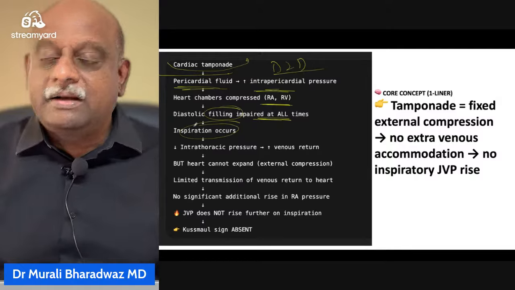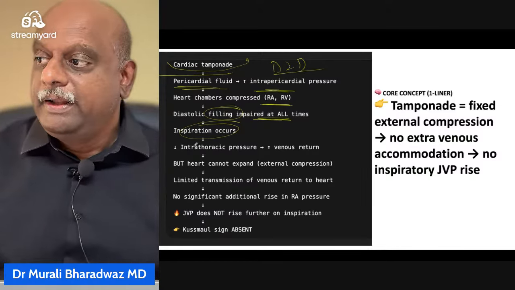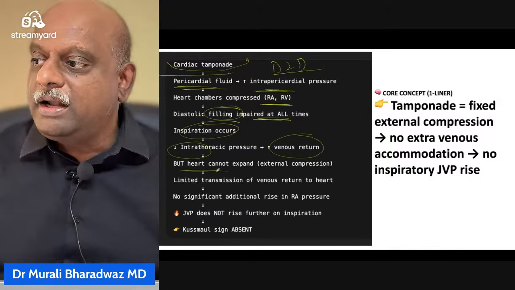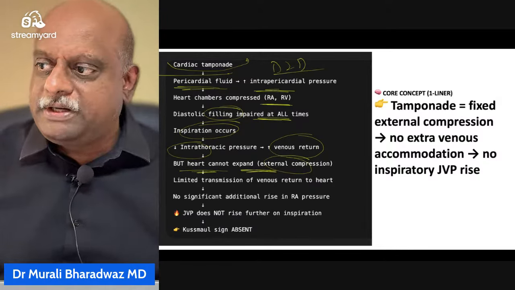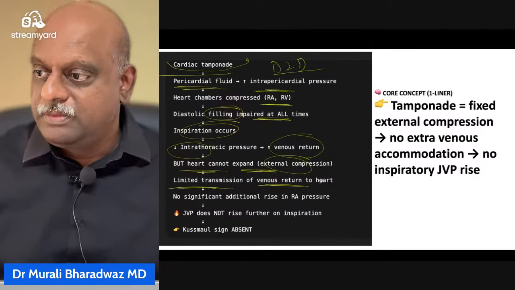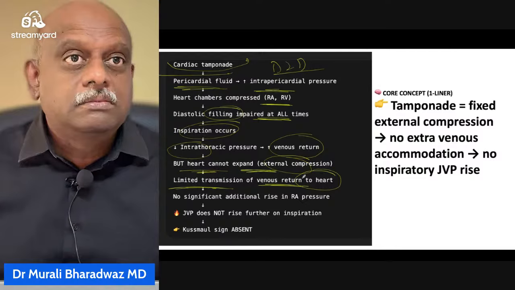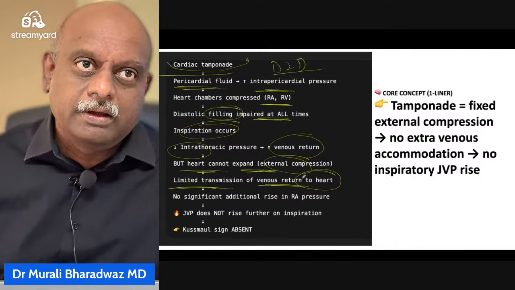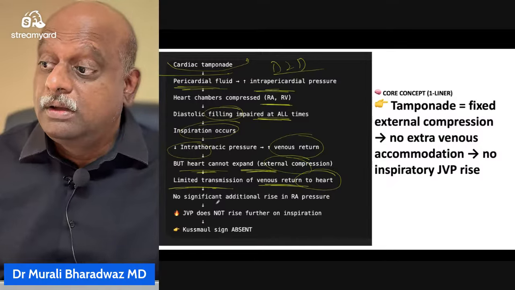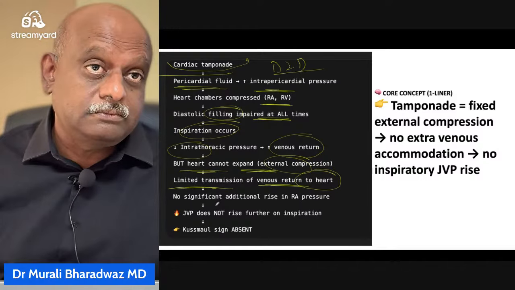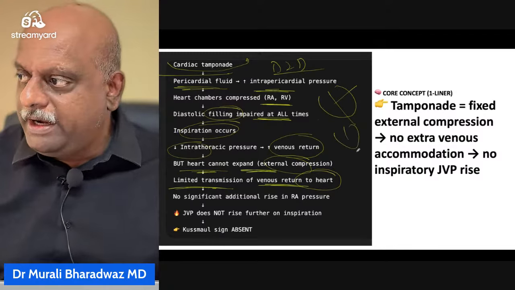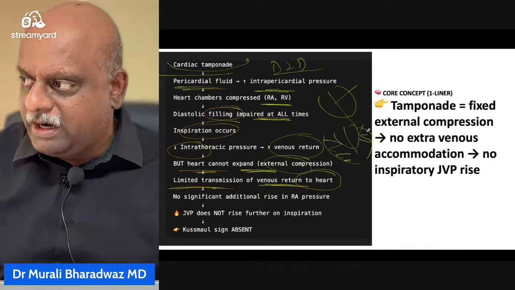Now inspiration occurs, right? Decreased intrathoracic pressure, increased venous return. But the heart cannot expand because of the external compression, and there's limited transmission of the venous return. See, the difference between constrictive pericarditis and pericardial tamponade is like this.